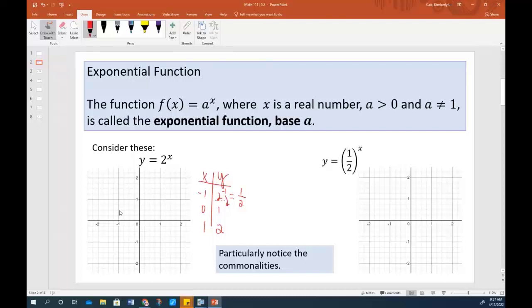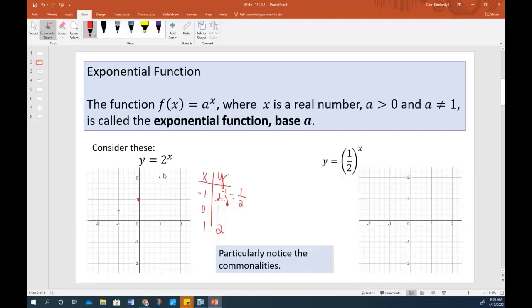If I have -1, 1/2, and you can see I've gotten a grid mark here that is really enlarged, so I can get this on here. 0, 1, and then 1, 2. Now these are not really lined up. It's going to be a curve.